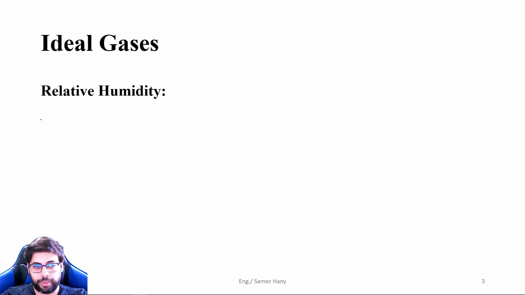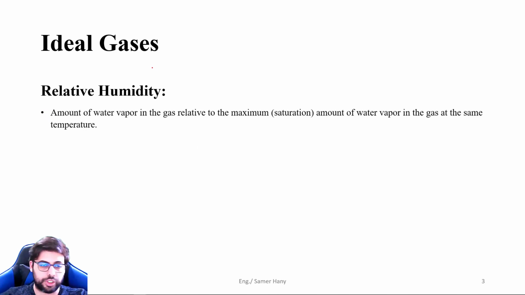So the first concept to talk about will be relative humidity, and this just refers to the amount of water vapor in a gas relative to the saturation amount of water vapor at that temperature. Let's say an air is saturated with water vapor. This will be saturation pressure over the saturation pressure, which will give 100%. This is 100% relative humidity.